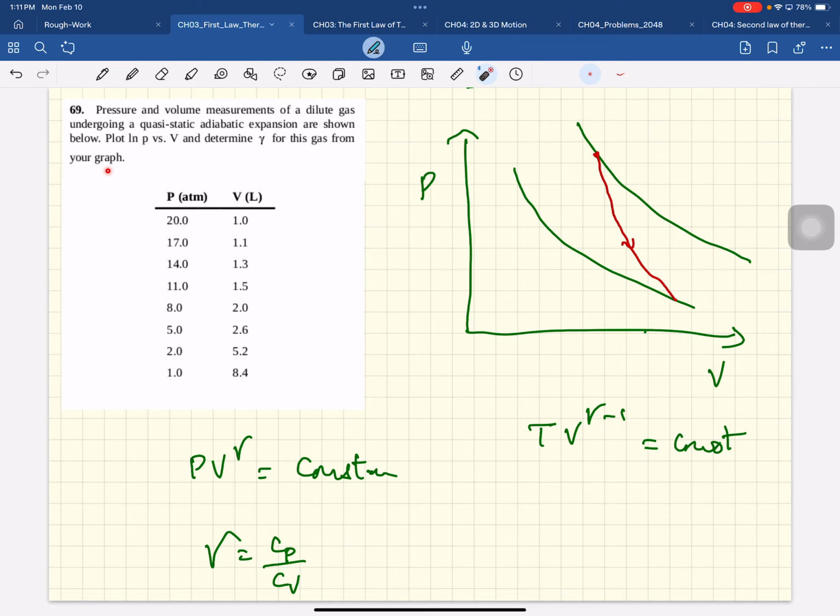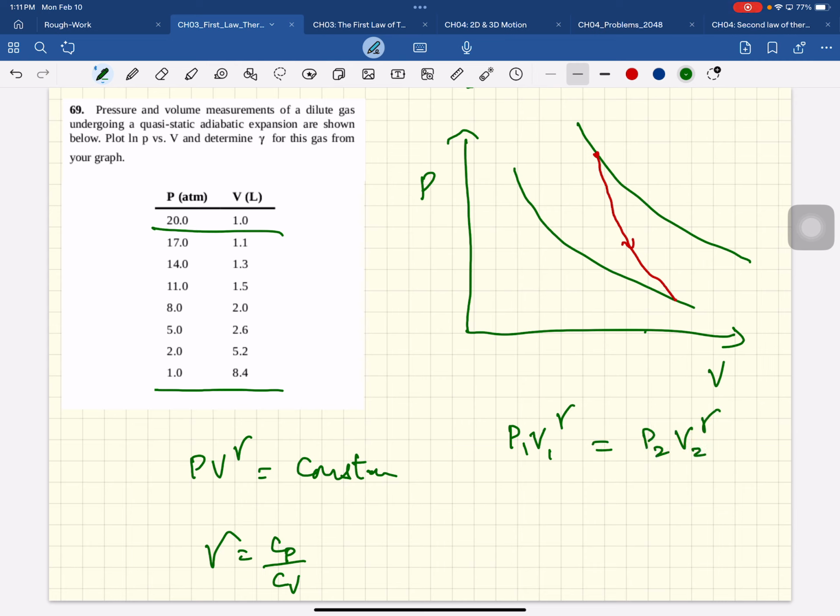Determine gamma for this graph, for this gas. So what we'll do is, we know that, let's say we take this point and this point. I'm going to pick easy points. What we know is P1 V1 to the power gamma should equal P2 V2 to the power gamma. So P1 is 20 atmospheres.